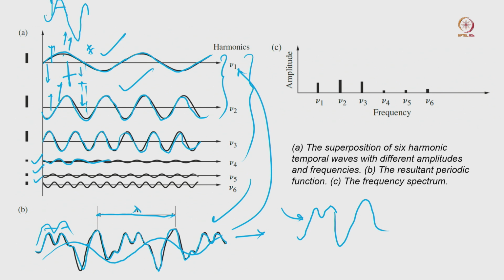Now, what are we adding here? If we just take these waves and flip them on top of that, I am just flipping them on the screen. If we flip them, what can we see? You can see the amplitude here.